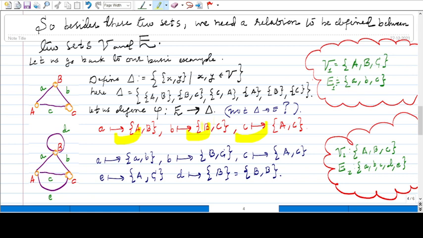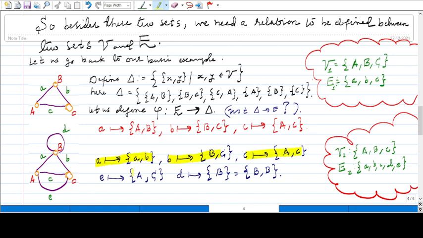But when you come to the other example, you can see that this is a loop. It only needs one vertex. This is a multiple edge. So how do I define this graph uniquely? The first way, E to delta, is easy because I map a to AB, b to BC, c to AC.